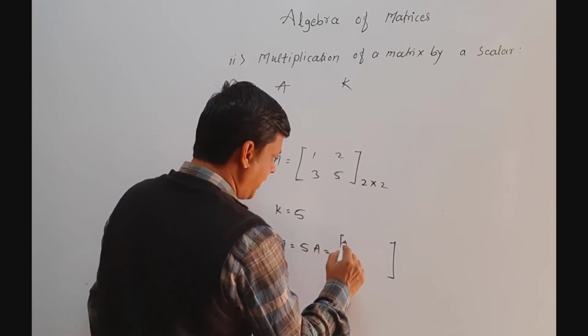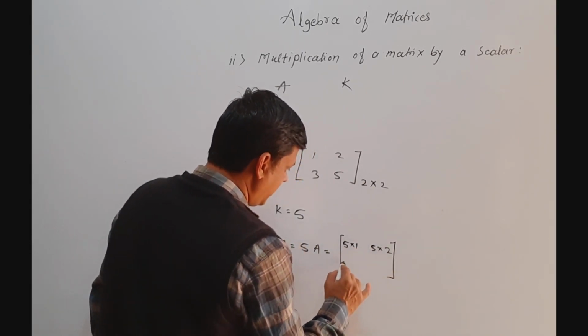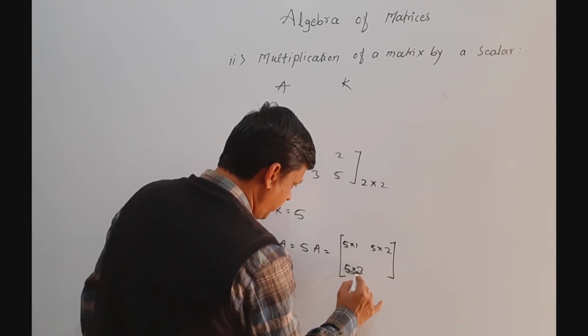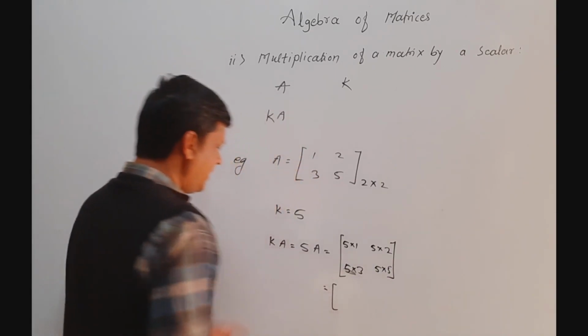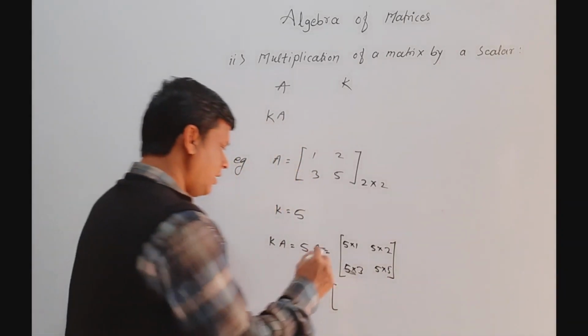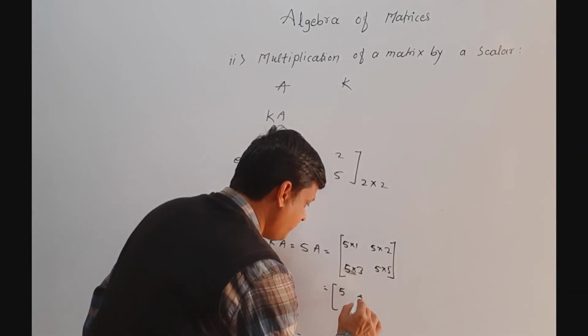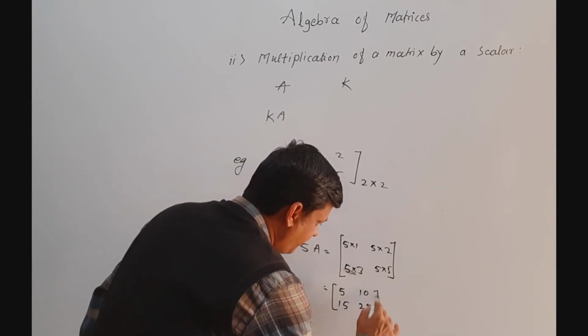So we write 5 into 1, 5 into 2, 5 into 3, and 5 into 5. So for the matrix kA, we get the elements 5, 10, 15, 25.